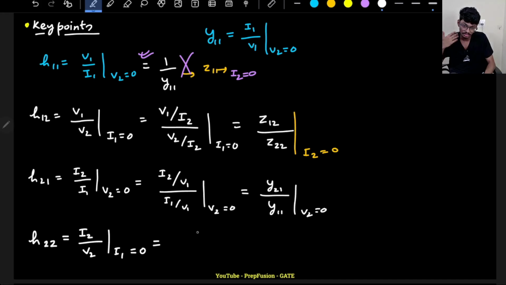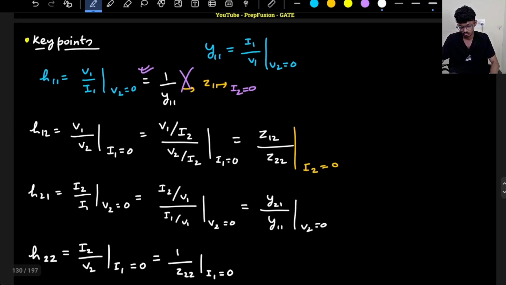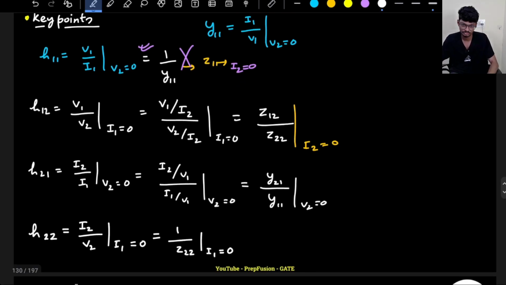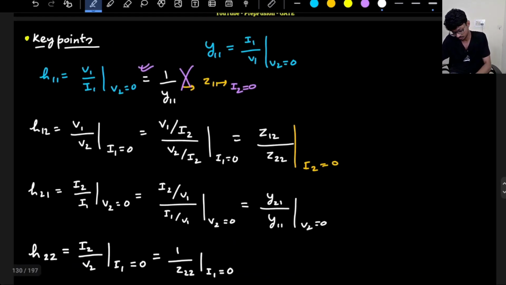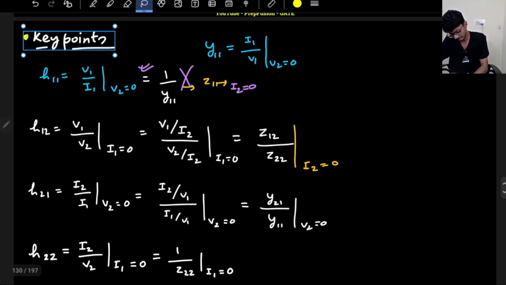So again I have to use the impedance parameter. So it is basically the inverse of z22. Of course, remember the condition where my i1 equals 0. This is h22 basically. So this is how you solve questions if for some reason you have been given the y and z parameters. If y and z parameters are given, you can use this formula.